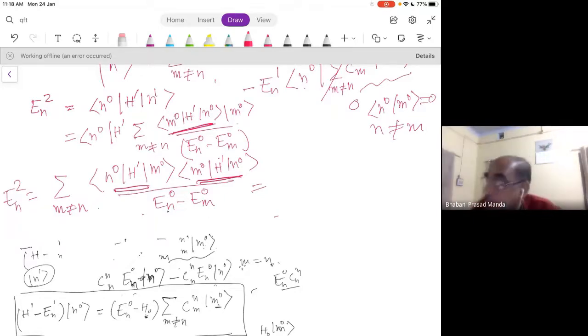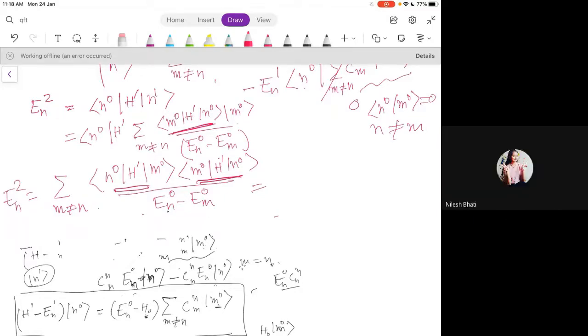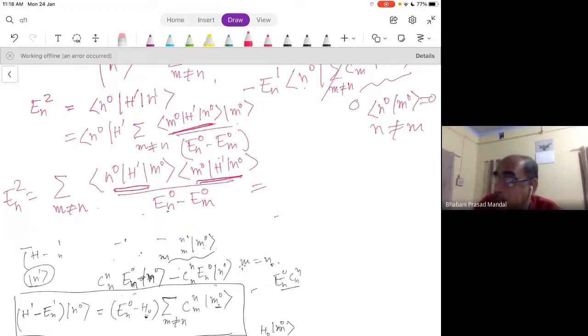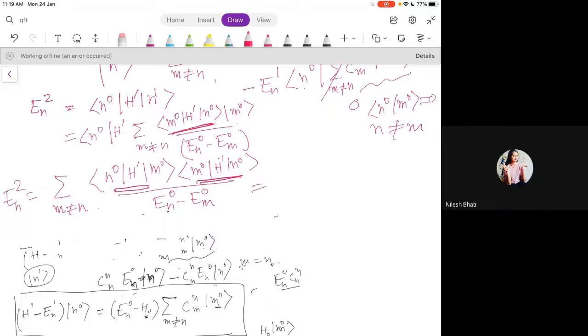Sir, these should be same. They are same, but look carefully. This is n0 h prime m0. This is m0 h prime n0. They are different, but their calculation should be same because H is Hamiltonian.